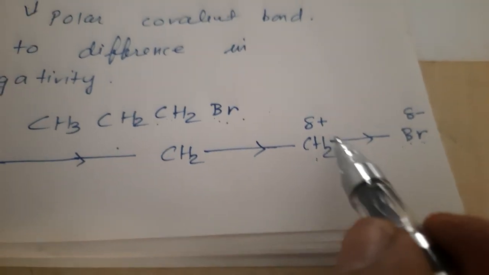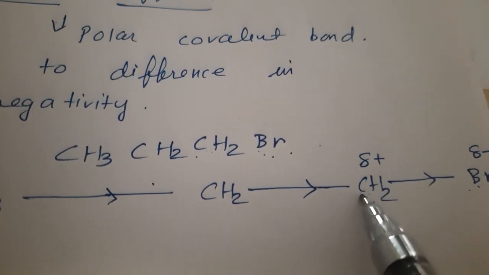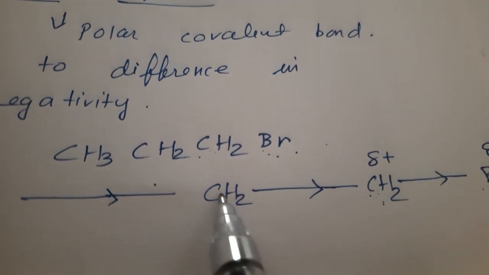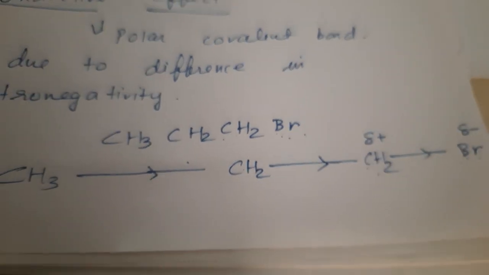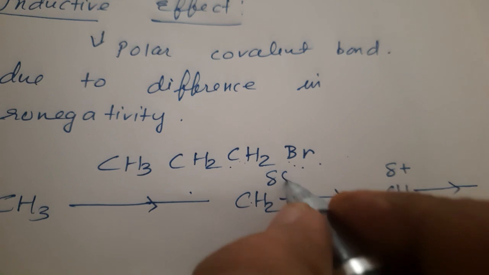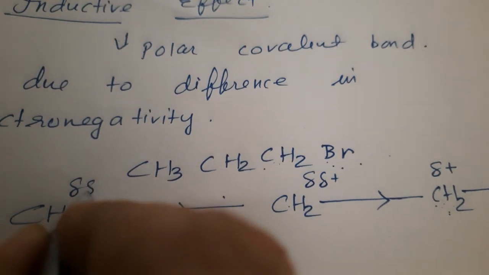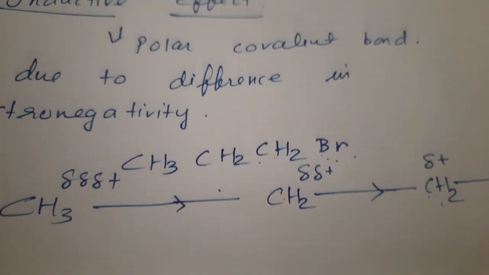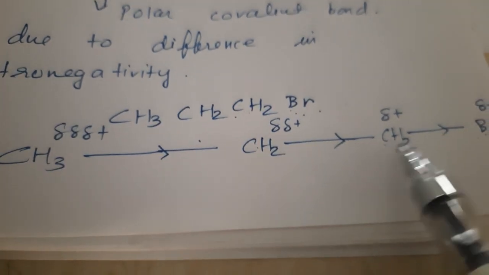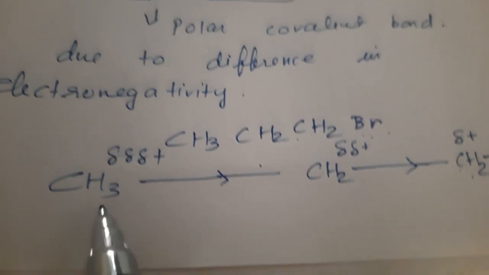But this effect is inductive, that is, this polarity will be induced to the other carbons of the chain also. So here delta delta plus, here delta delta delta plus. This effect goes till carbon number 3.